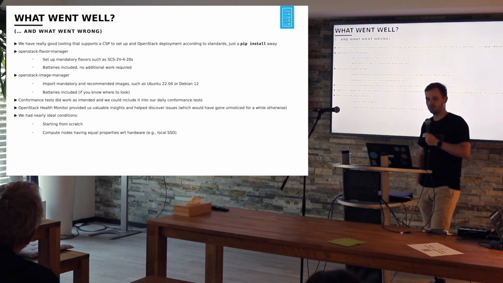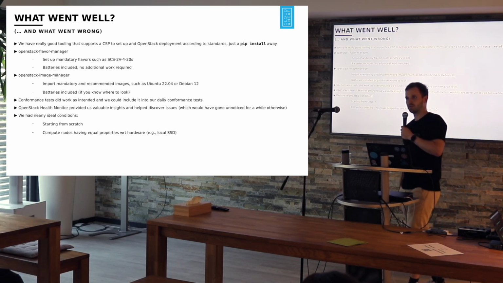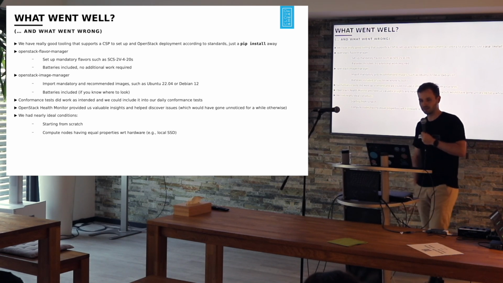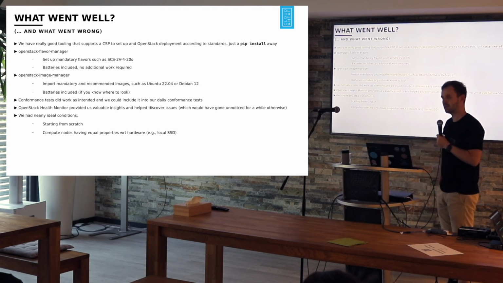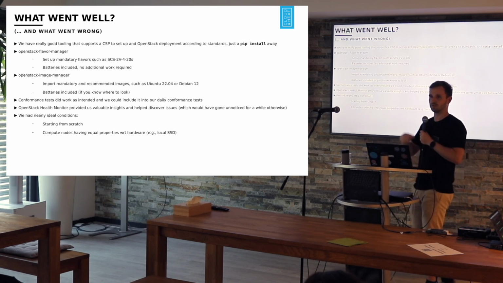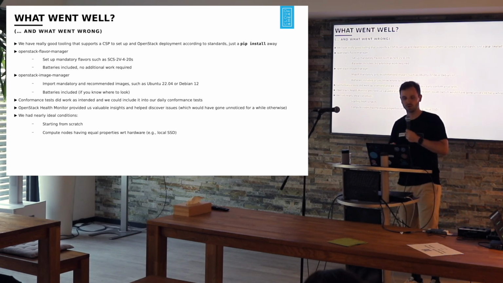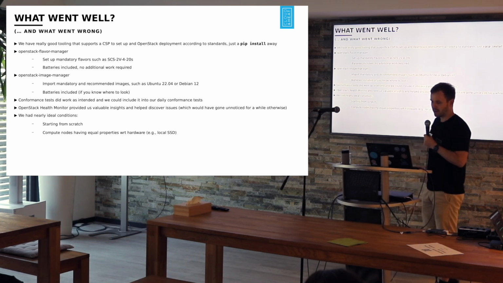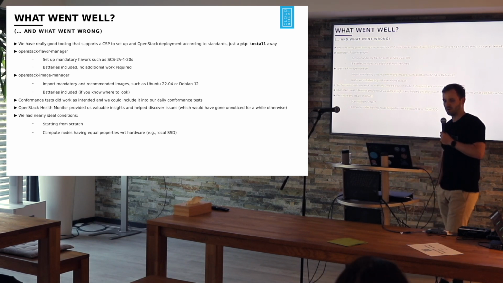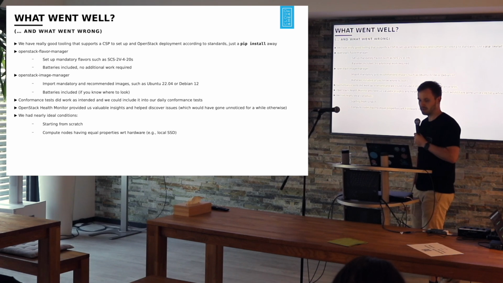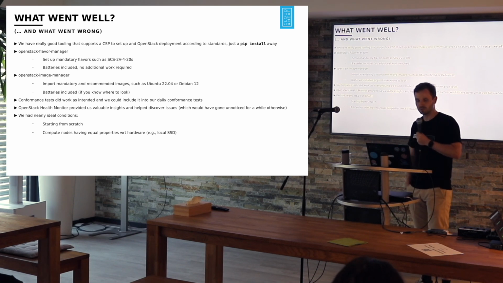And the next cool thing which went really well: the conformance tests worked as expected, and we could quite quickly include them into the daily conformance tests, which you can see on the GitHub page, but also on our documentation page. And then we talked about the OpenStack Health Monitor previously. We also installed it, of course.